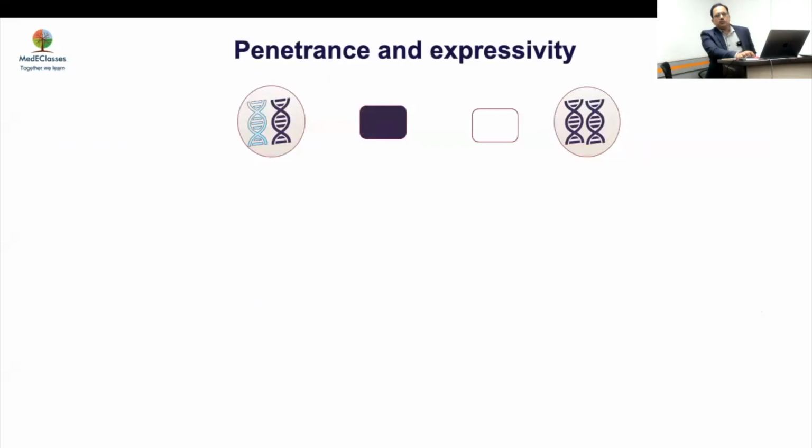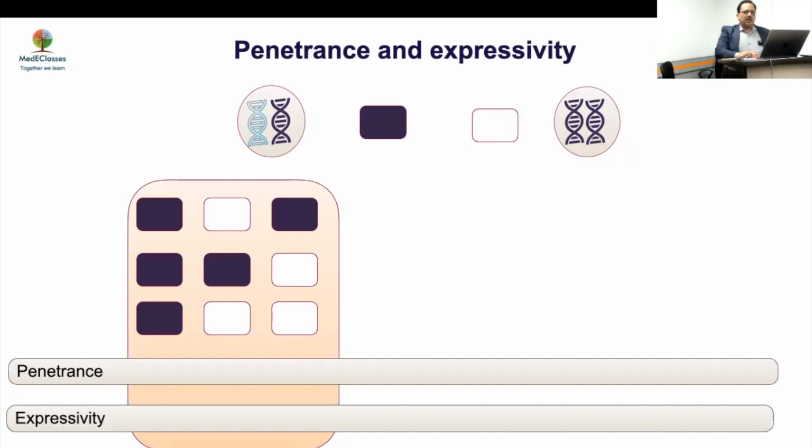So this is what is penetrance and expressivity. Penetrance is how many of those with this particular gene will develop the disease, and expressivity is how severe the disease would be. So quickly, Dilip: in the first situation, penetrance is incomplete and expressivity is not variable.